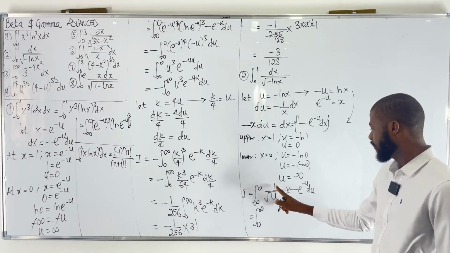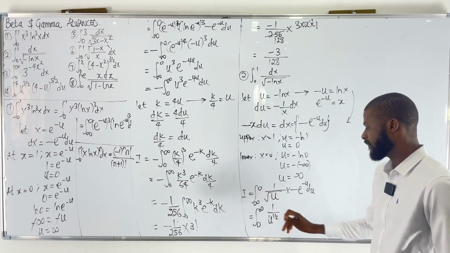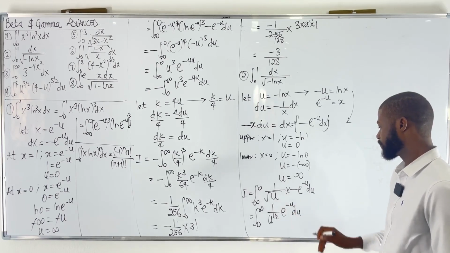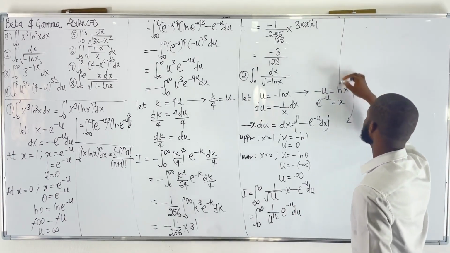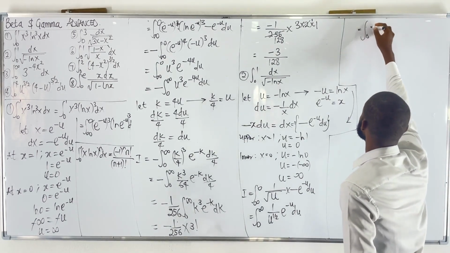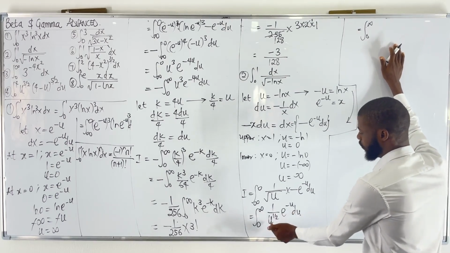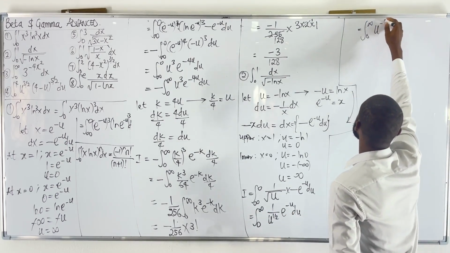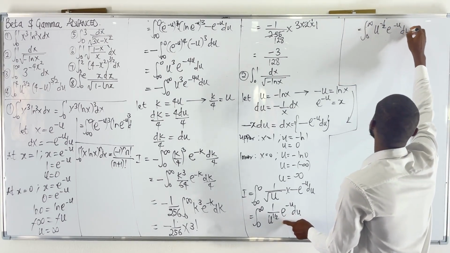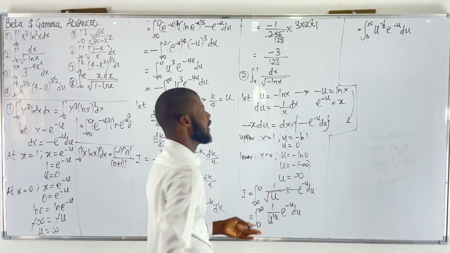Now, we know the square root actually means u to the power of half. And then we have e to negative u du. So this is the integral from 0 to infinity. Now, the u could go up. So it will become u to the negative half, and then e to negative u du. So finally, that's just my gamma function.